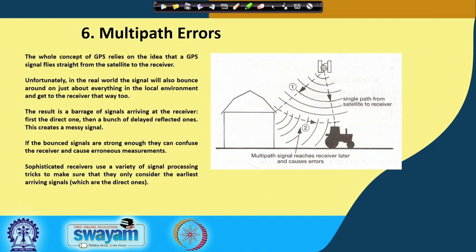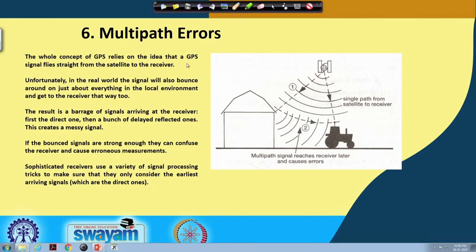Remember that the whole concept of GPS relies on the idea that the GPS signal flies straight from the satellite to the receiver. Whatever we have seen in the last slide, this GPS signal flies straight from the satellite to the receiver.